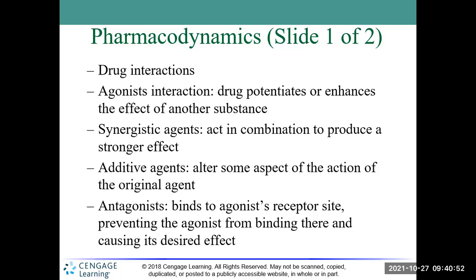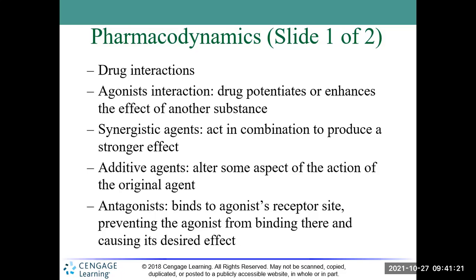Then you can do additive agents, and this alters some aspect of the action of the original agent. And we can think of epinephrine in this way, because if we add epinephrine to anything, it's going to slow the absorption rate. So that is altering some aspect of that original agent that it's added to. Now, an antagonist, that's going to do the opposite of an agonist, which, remember, an agonist is going to enhance the effect of the other substance.